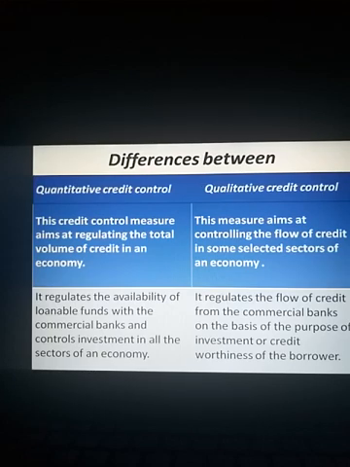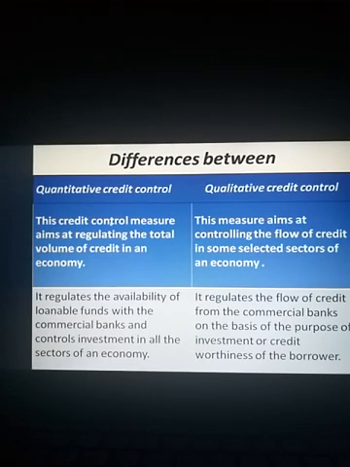They are as follows. First, let us take up quantitative credit control. This credit control measure aims at regulating the total volume of credit in an economy. In this first point, you need to focus on total volume and link this point, total volume, with quantitative.